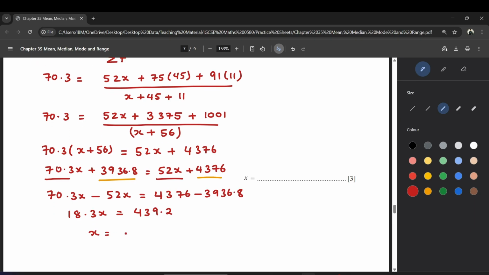So now x will be 439.2 divided by 18.3. Let us work this out. So this gives us 24 exactly. So the value of x is going to be 24.